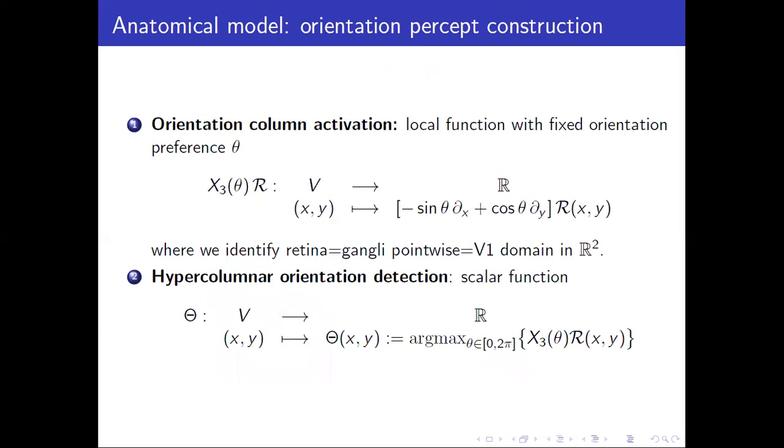And you think of the orientation activation column. See, this is the hypercolumnar orientation detection. And okay, this is mathematics. You can look at it. There is this mechanism that I wrote in my paper with which you detect the direction. You detect it when it aligns the most with the vector fields. So whenever the image, so R represents your image, you compute the gradient, right? Whenever the gradient aligns with the vector field, that's a direction.